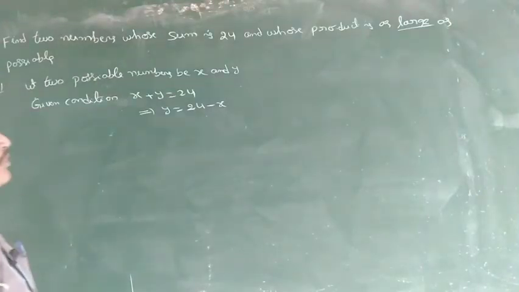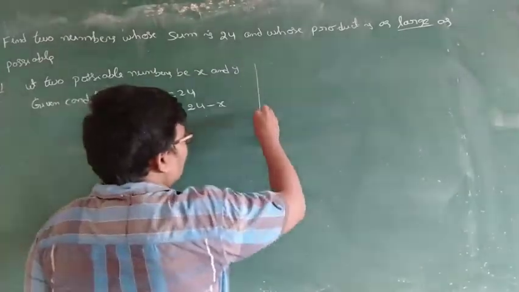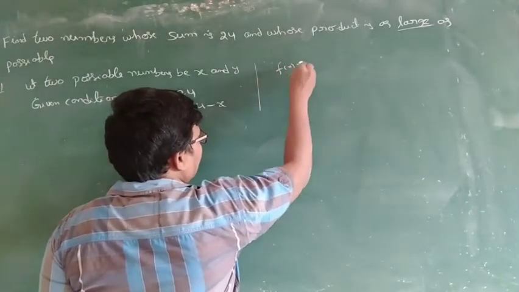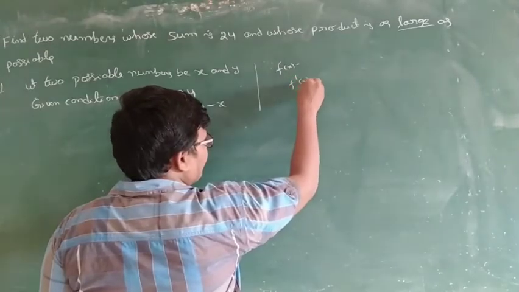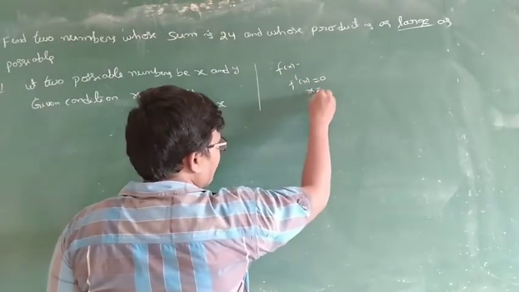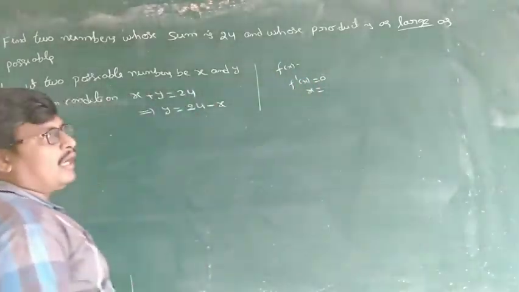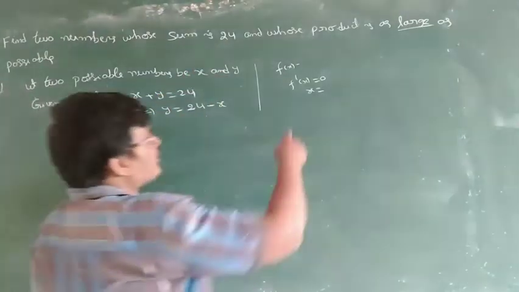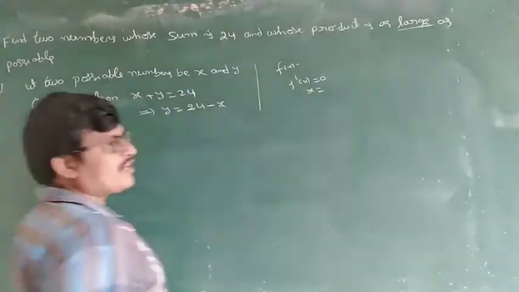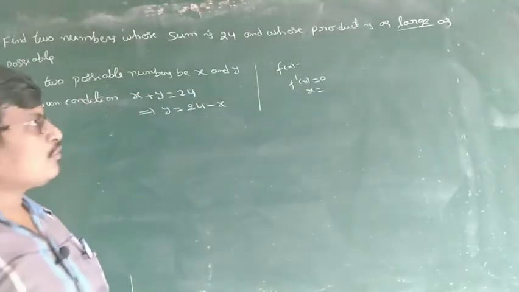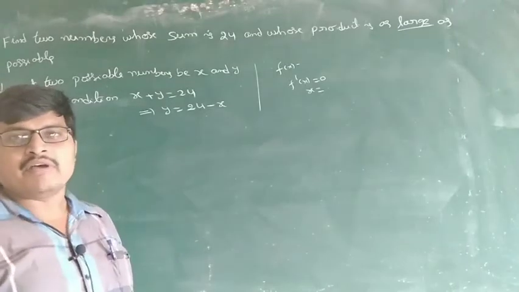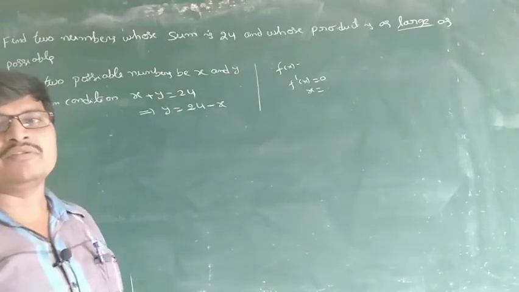So in maxima and minima, what is the working rule? f of x is given, find f dash of x, equal to 0, find x values and interval first and last values, then substitute in the given function. The big value is the maximum value, the small value is the minimum value.